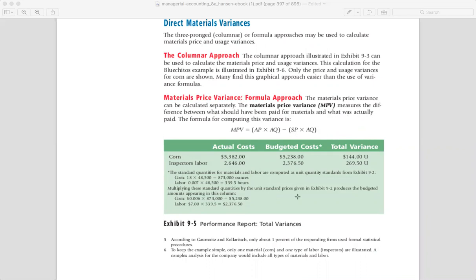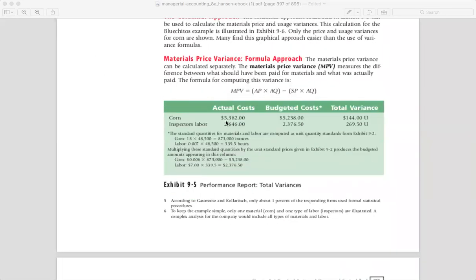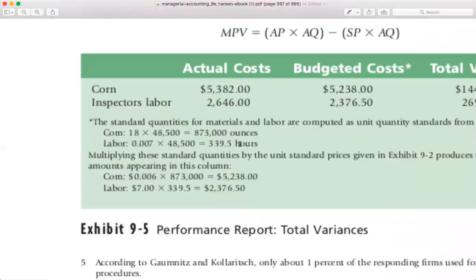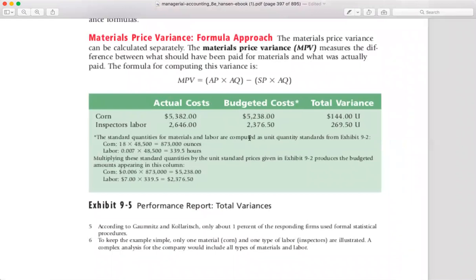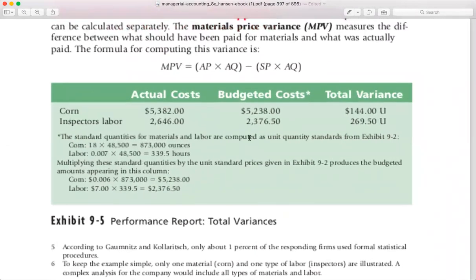So this is the information that we see here: the actual cost of the corn is 5,382. Let's have a look at the information here. The standard quantities for material and labor are computed as a unit quantity standard from the information in exhibit 9.2 above.